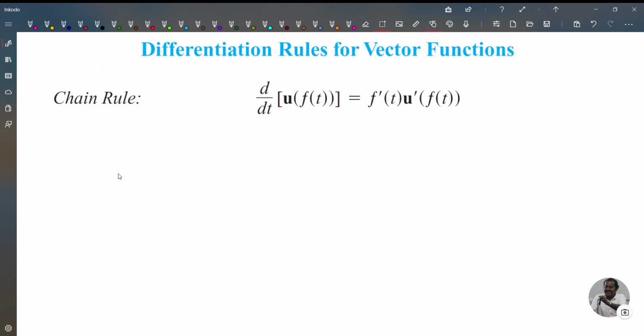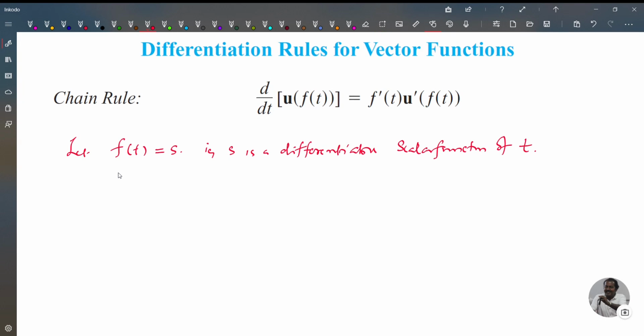Now we prove the chain rule. So here you let f of t equal to s, that is s is a differentiable scalar function of t. Then u of f of t is equal to u of s, let it be some a of s into i plus b of s into j plus c of s into k.